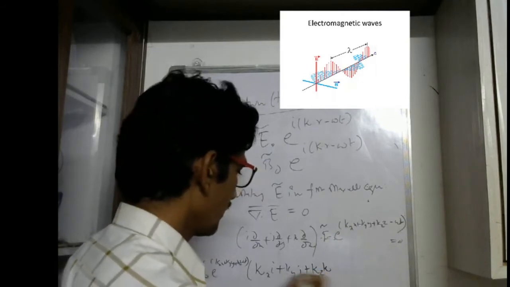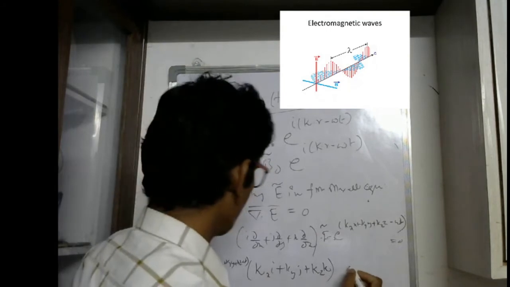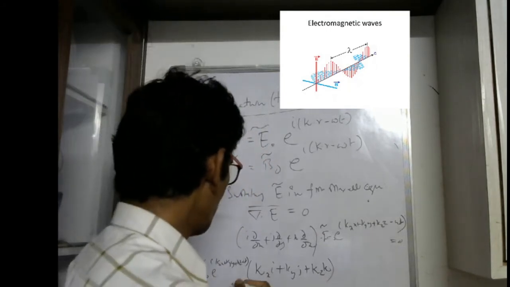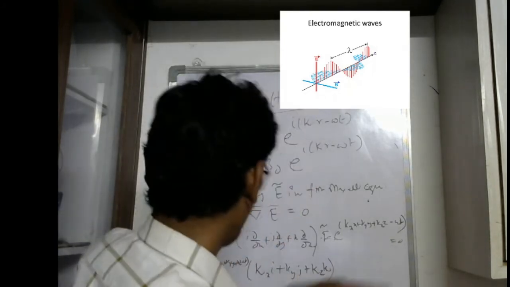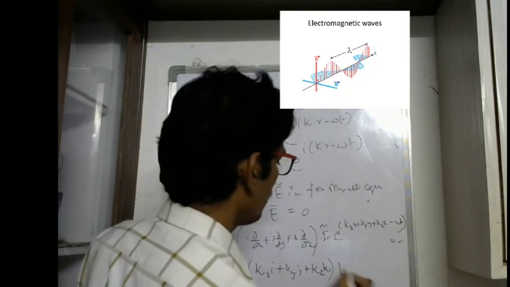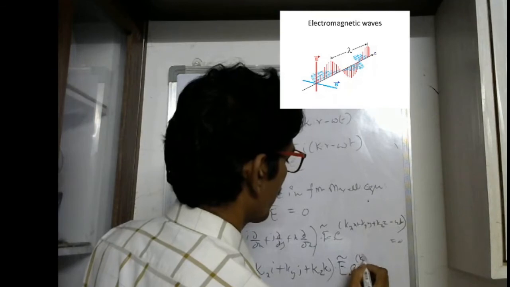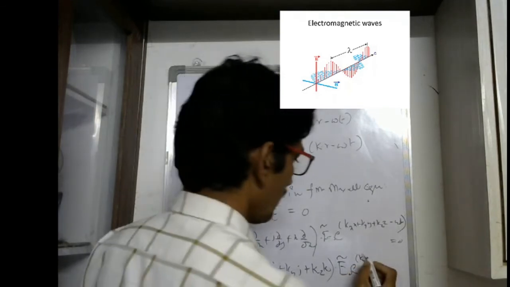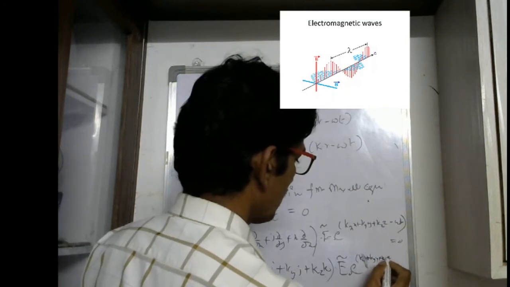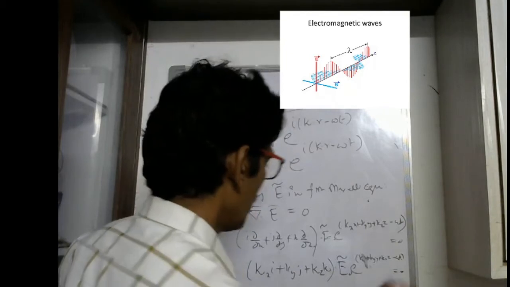is equal to 0, right? Otherwise you write these two things on the other side only. Dot of, again you get the same thing, kx x plus ky y plus kz z minus omega t is equal to 0. So what's the meaning of this?